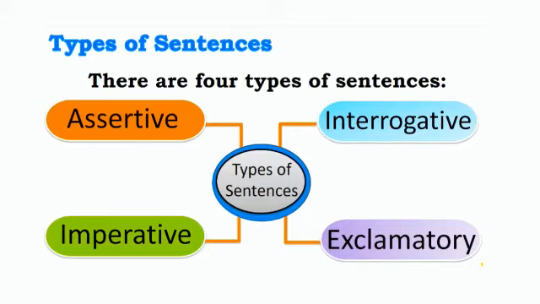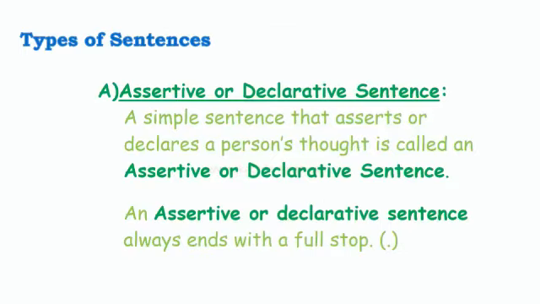Now, I will rearrange this. He lives in a big house. And so, this makes meaning, this makes some sense. And so, this is the correct sentence. All sentences begin with a capital letter, but they end with a full stop, a question mark, or an exclamation mark. Is it clear to all of you children?